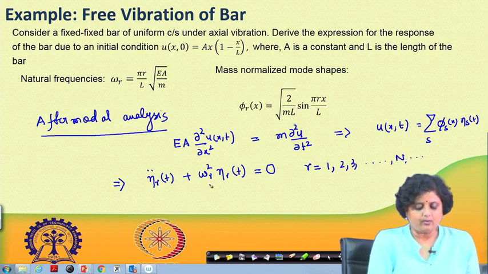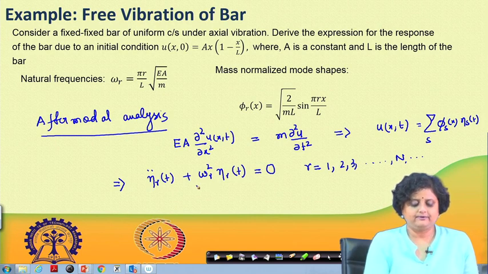Now, I know omega r is given as pi r by L root over E A by M.